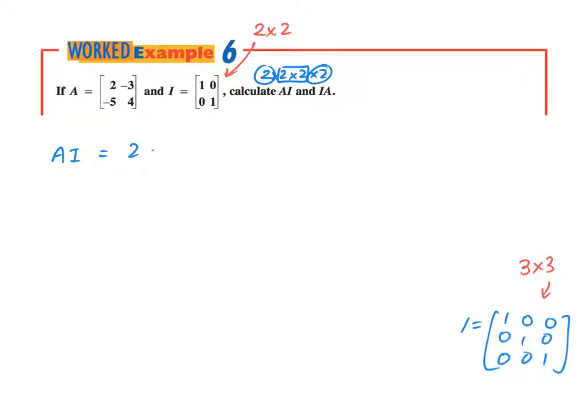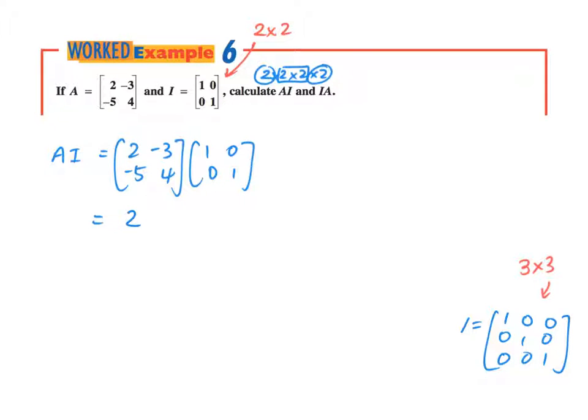So we're taking this matrix and multiplying it by our identity matrix. When we do that multiplication, we're multiplying this row by this column, so it's 2 times 1, which is 2, and negative 3 times 0, which is 0, and 2 plus 0 is 2. So 2 is our first one.